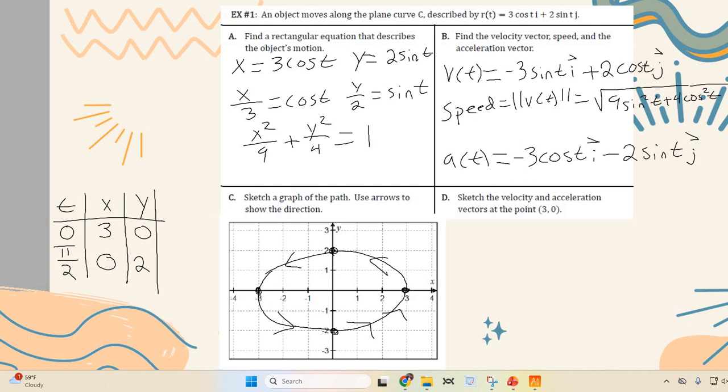Now on this last part, what is he asking for? What's that mean? We are going to draw a pretty picture. We're going to draw some lines. But first we need to know what those vectors are, yes? Which is why it gives you the point 3, 0.